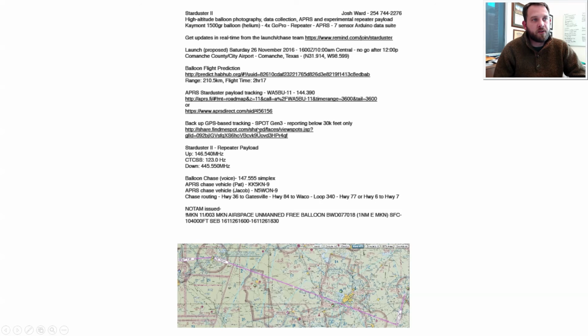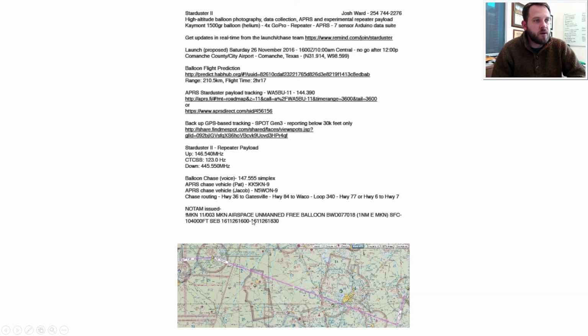We had given multiple tracking options through APRS, through my GPS tracking device. We told everybody how to contact the balloon on the uplink and the downlink. We actually were multiple vehicles in the chase were also transmitting APRS data so that people could see where we were on the ground as opposed to the balloon's location.